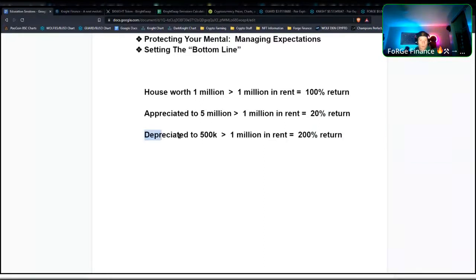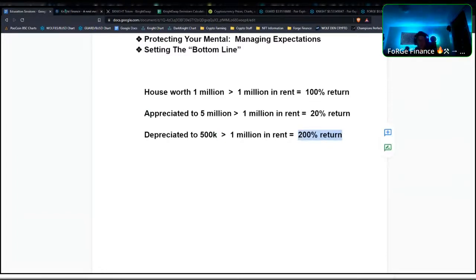But they lost way more money than they made in the yield, right? Because their assets depreciated. So the person who got 20% and is feeling bummed actually made a ridiculous amount more money than the person who depreciated in value, but is looking at this and being like, look at me, I'm making a bunch of money.